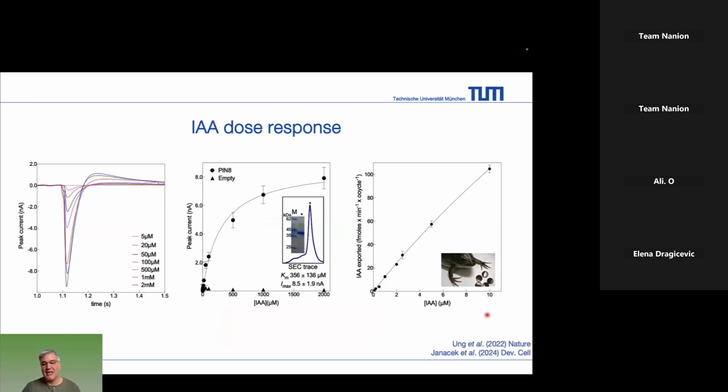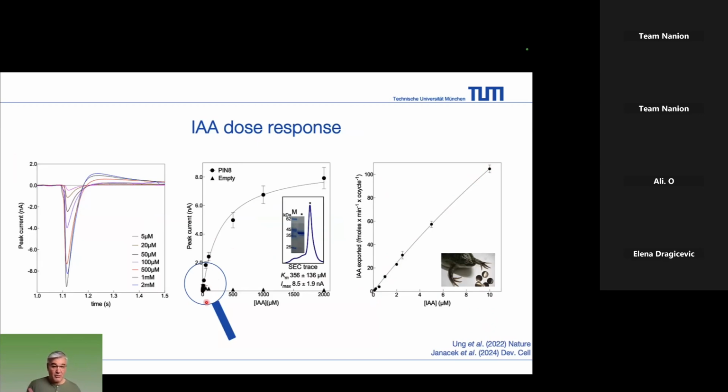In planta, 10 micromolar IAA is a sublethal dose. So we were shocked to see that our transporter only has substrate affinities in the lower millimolar range, which means that in the physiological range, what we had looked at so far is here in the very, very, very left part of the curve.